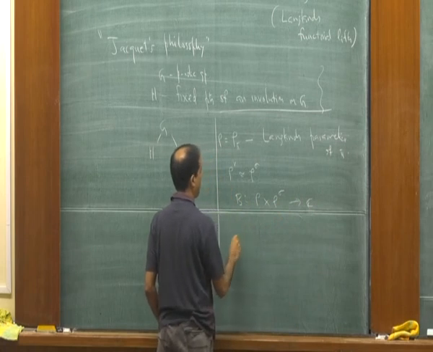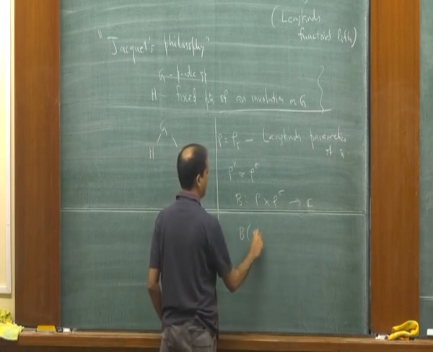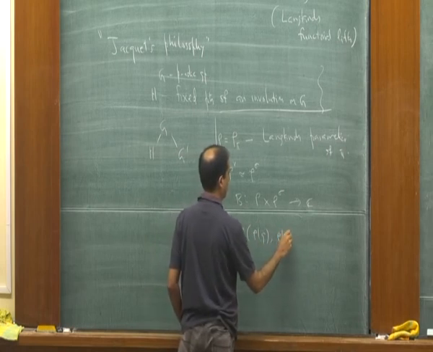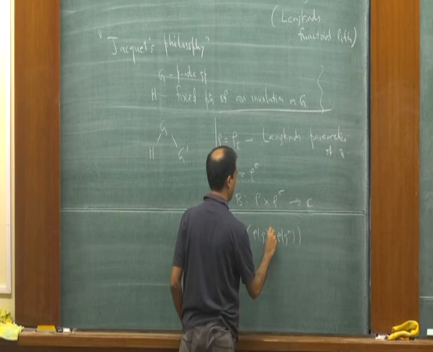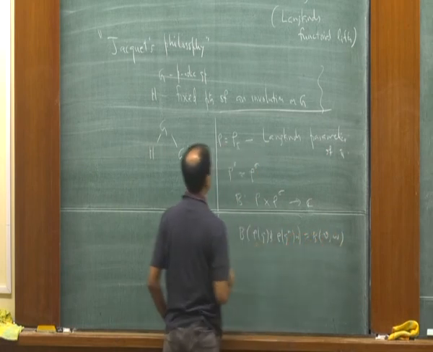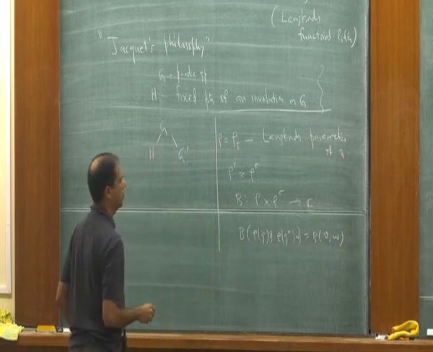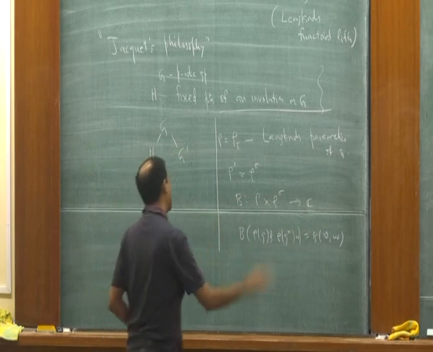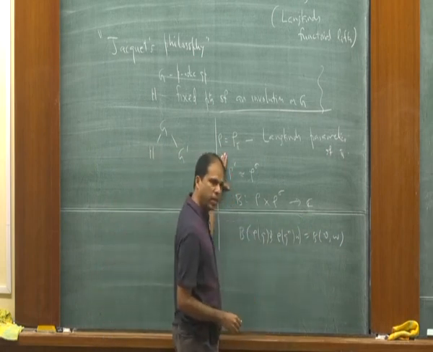So that means B(rho(g)v, rho^sigma(g)w) is B(v, w). Pi is irreducible, and rho can be anything.